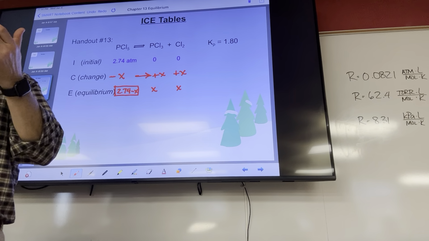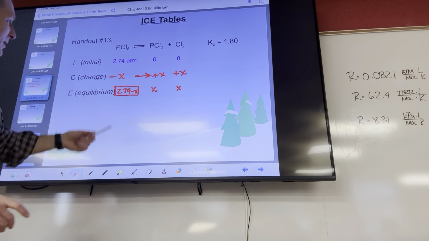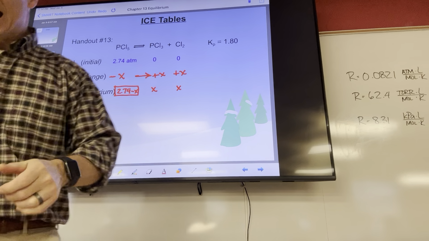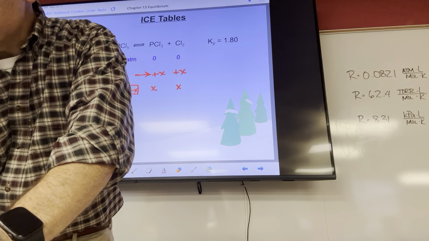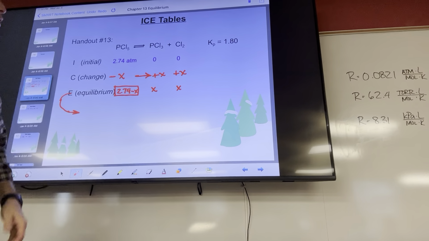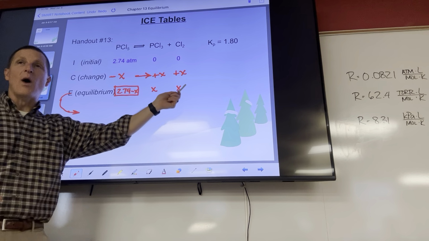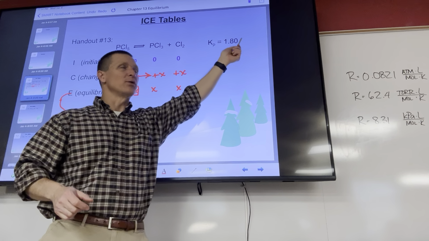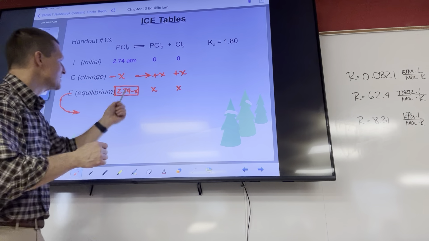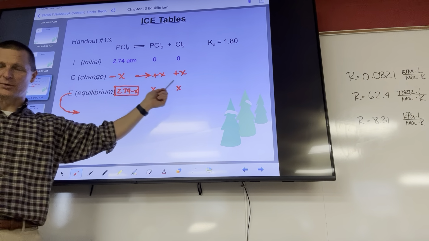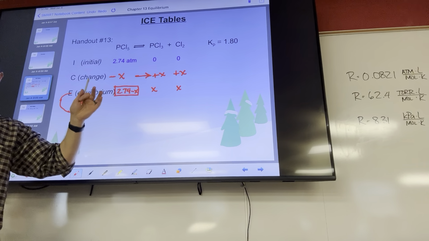And now we have primed ourselves to be able to do some math. I'm going to take that equilibrium line, and you always will just use this. Why? Because the K value, remember, is what the equilibrium ratio of products to reactants is. So you always use that last equilibrium line to do your calculating.